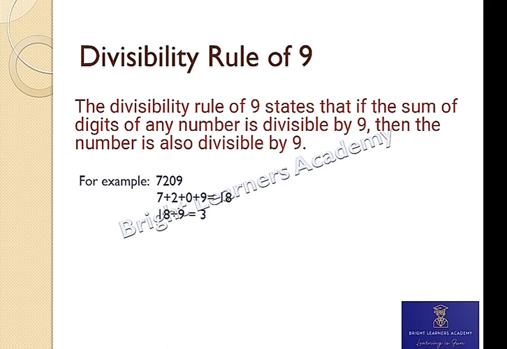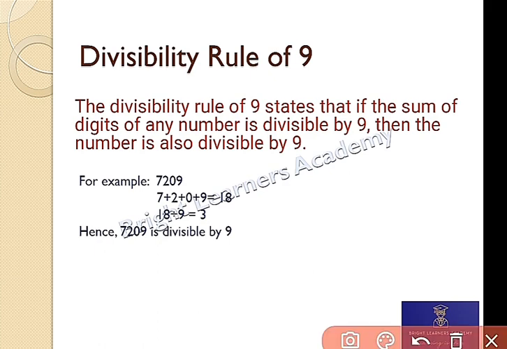So it means 7,209 is divisible by 9. This is similar to 3. In that we first find the sum of the digits, then we check with the divisibility of 3. And in this we just find the sum of the digits and then check whether that sum is divisible by 9 or not.